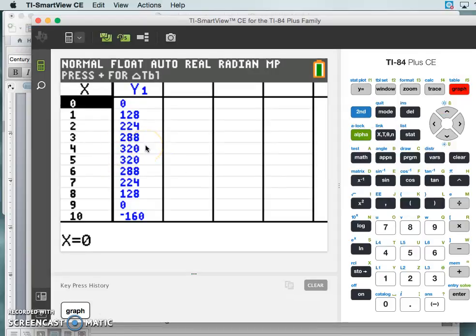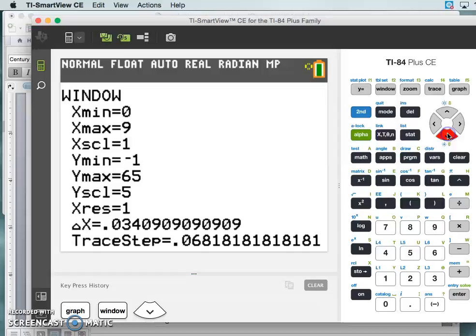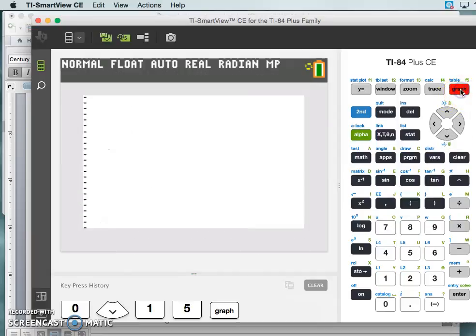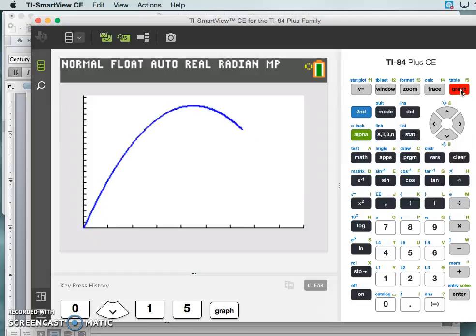That's not the nicest number, so maybe we make our y's go from a y min of 0 all the way up to, say, 350. And sure, let's count by 15, so it's a number that's a little bit nicer. And then we push the graph, and we have a nice trajectory of our ball.